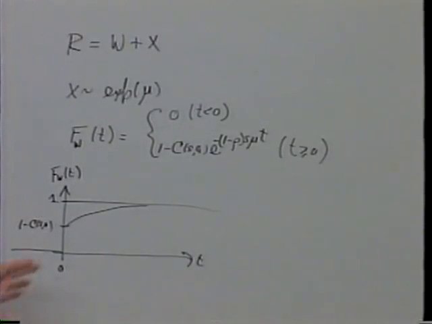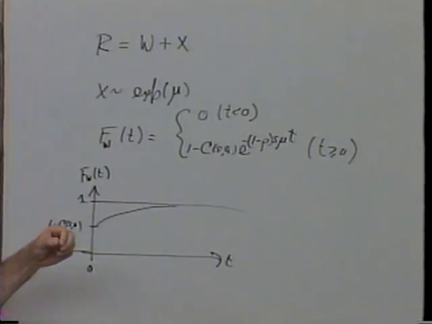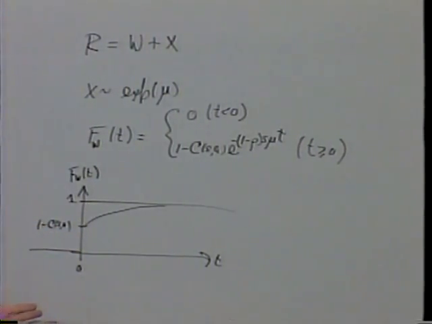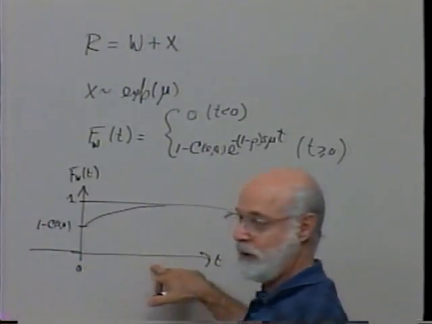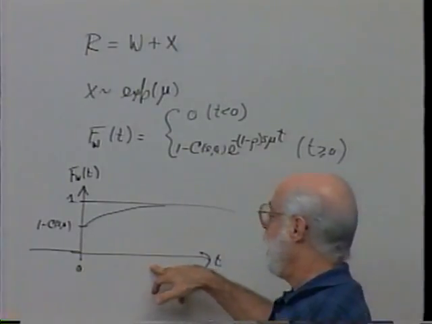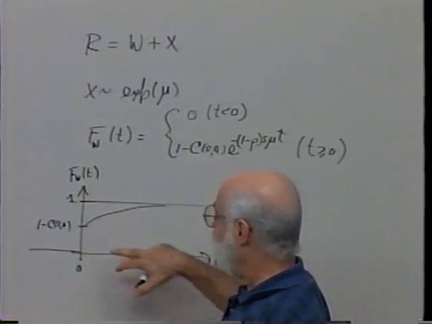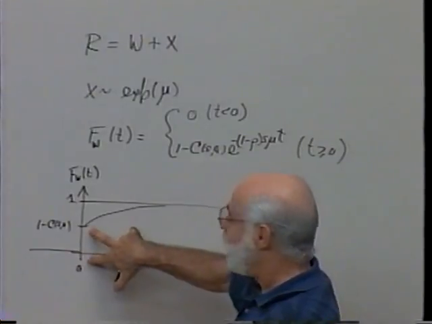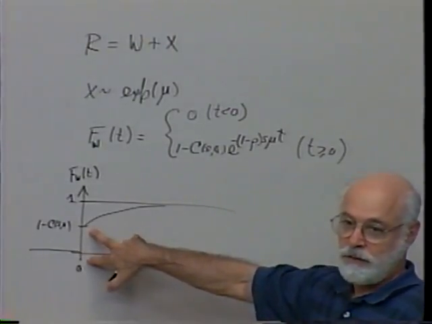So this is a distribution function of a random variable that is neither discrete nor continuous. It's not discrete because it takes values in a continuum for positive values of the index. But it's not continuous because the derivative does not exist at the origin.